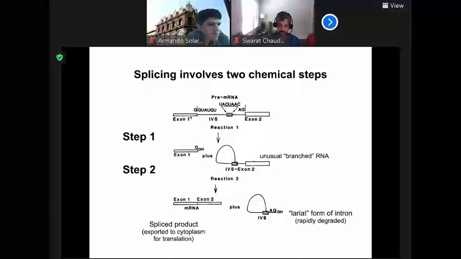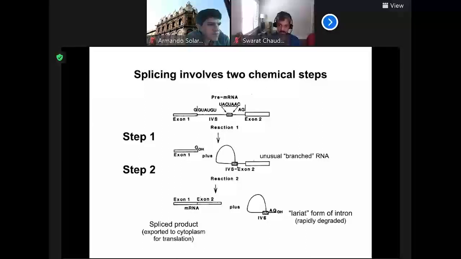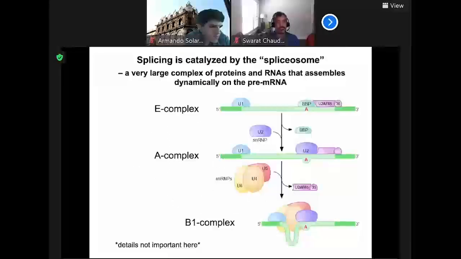Here the boxes represent exons and the lines represent introns, so you get this branched RNA. Then in the second step of splicing, the two exons are joined together and the intron is released in this so-called lariat form. The intron is typically rapidly degraded, and the exons go on to become the mature mRNA. So quite a bit is known about the biochemistry of splicing.